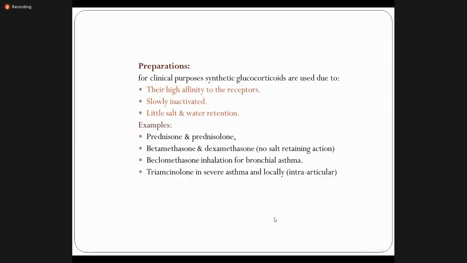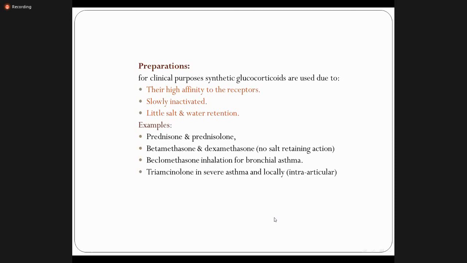Preparations for clinical purposes: synthetic glucocorticoids are used due to their high affinity to the receptors and slow inactivation, because naturally occurring glucocorticoids are rapidly metabolized.